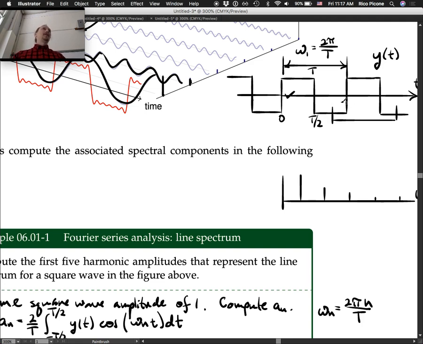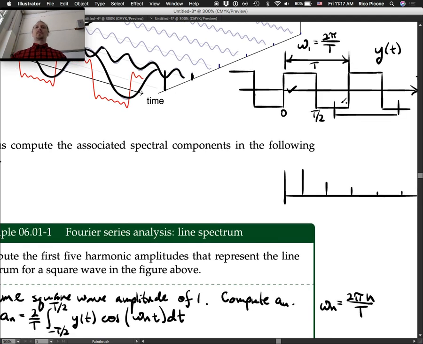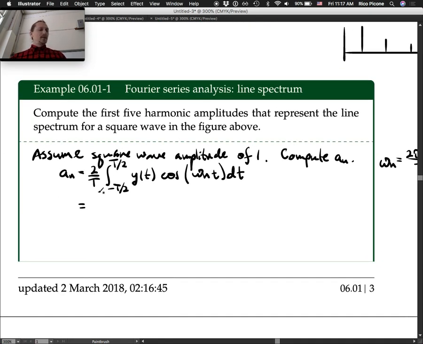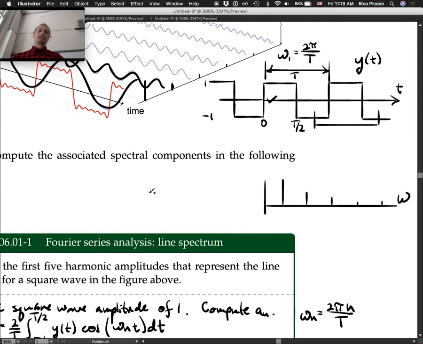That's our preferred method, right? So we said the amplitudes are positive 1 and minus 1. So that means that we have 2 over T, splitting it into 2 different integrals. 2 over T times the integral from negative T over 2 to 0 of, well, y of t in that interval is what?